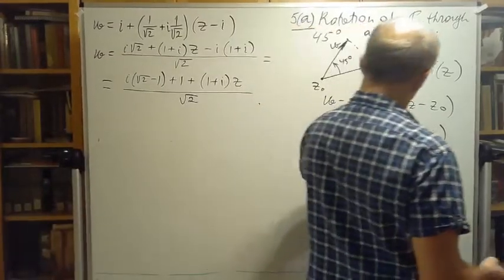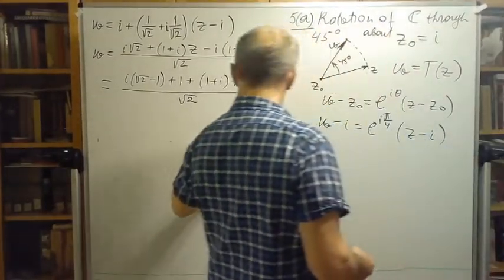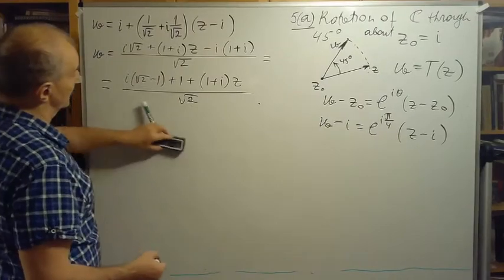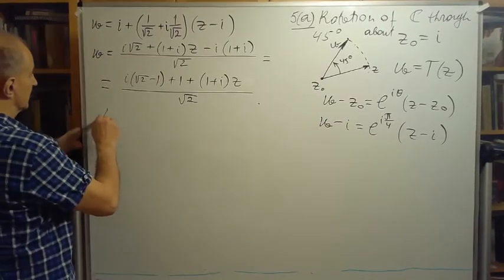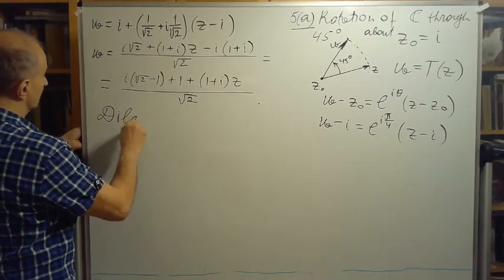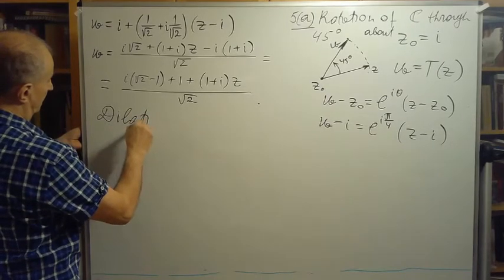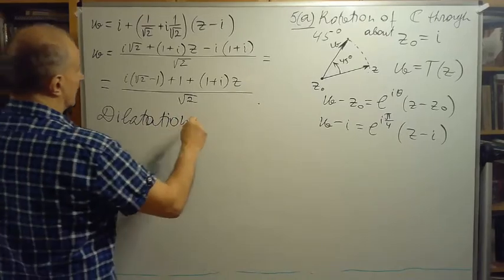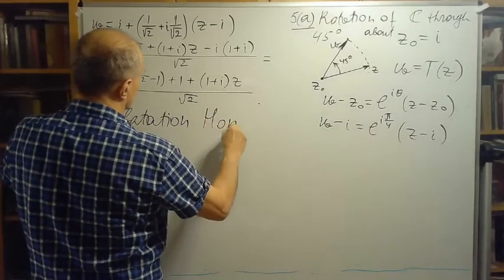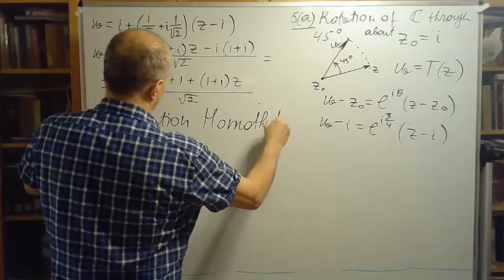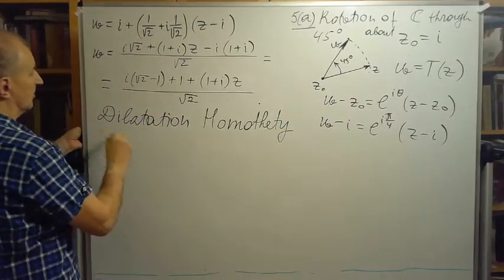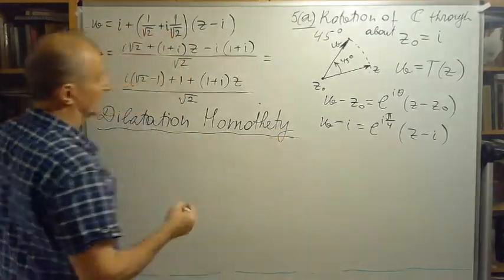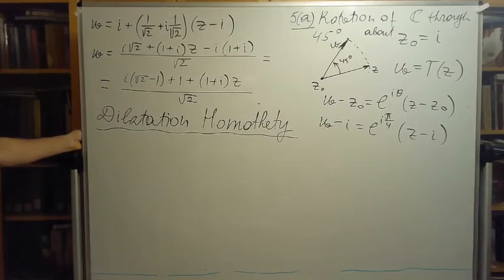The next type of transformation is a stretch or shrink transformation, or dilatation. Sometimes they call it dilation, but the preferred word is homotety. It's a homotety. What does homotety do?